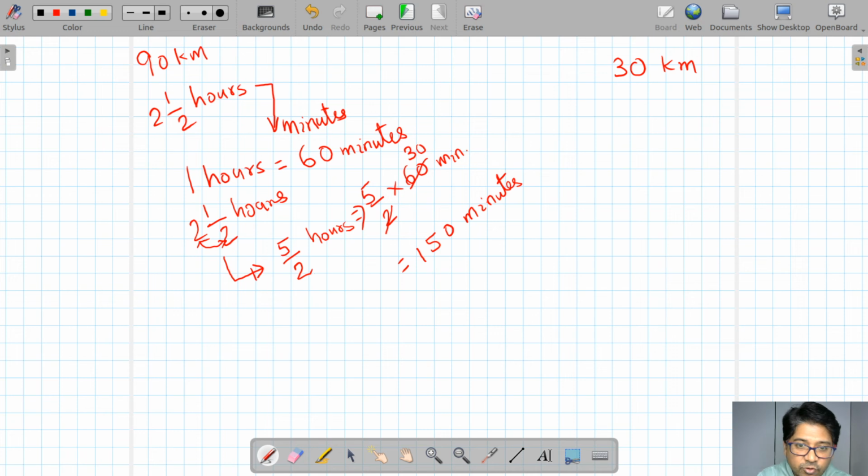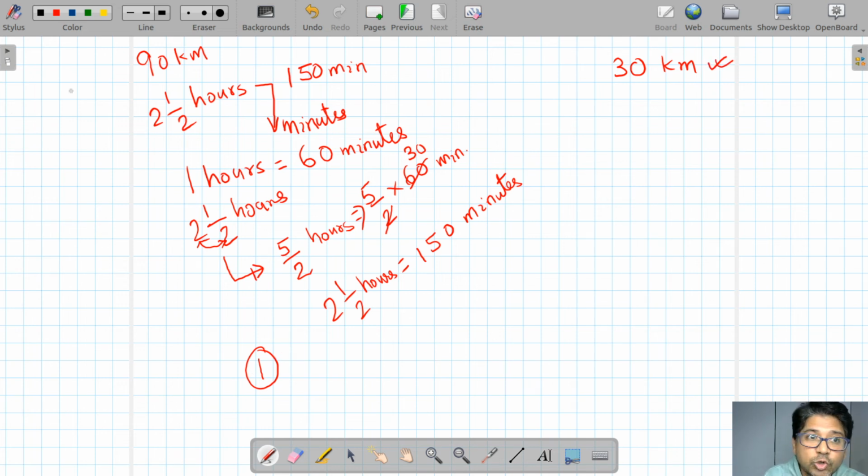Now the question changes: in 150 minutes we travel 90 kilometers. The question is in kilometers, so we have to do unitary for the kilometer.